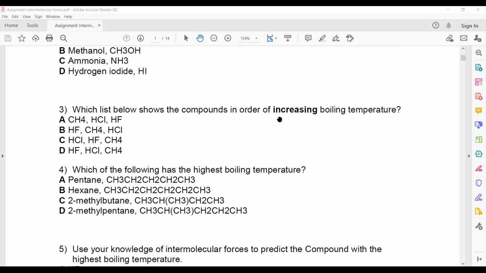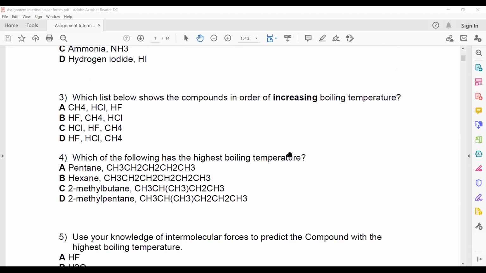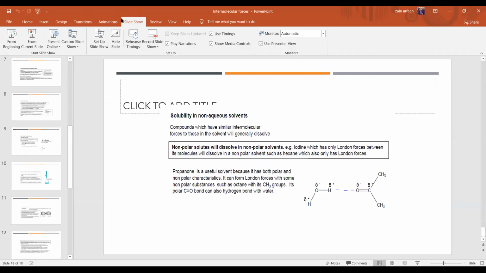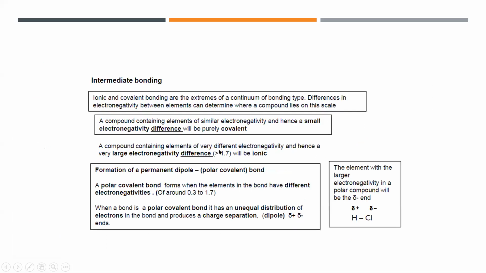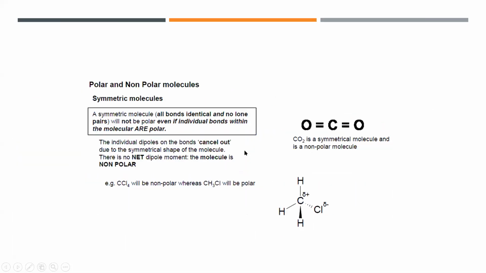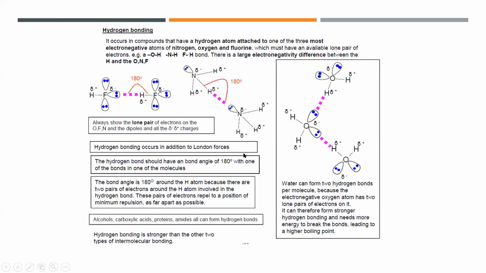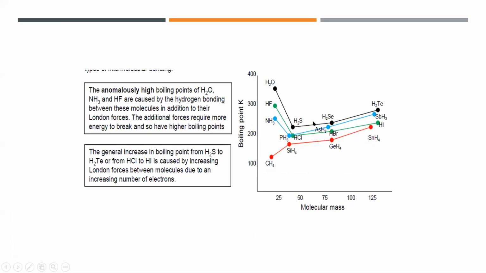Which list shows the compounds in order of increasing boiling point? For this, you have to recall the idea. As you can see in this table, you have to recall this idea to answer the question.